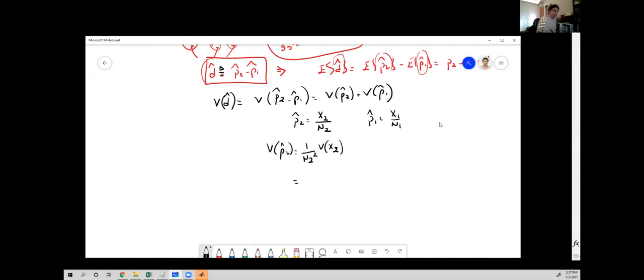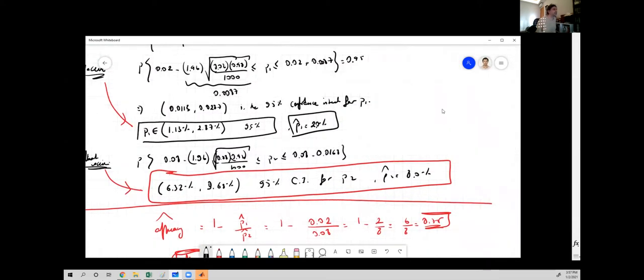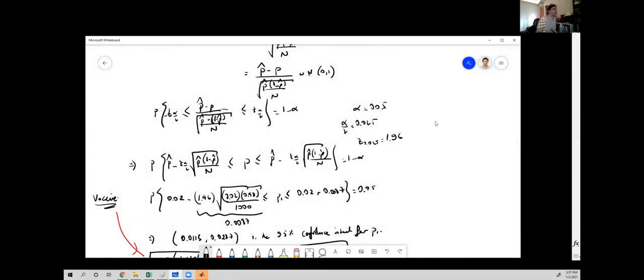X2 is binomial distributed, so it's going to be N2 times P2 times 1 minus P2 over N2 squared. Very simply, this expression. Actually, we have already found this expression here, the very same expression that you see here. This is the variance of P hat.